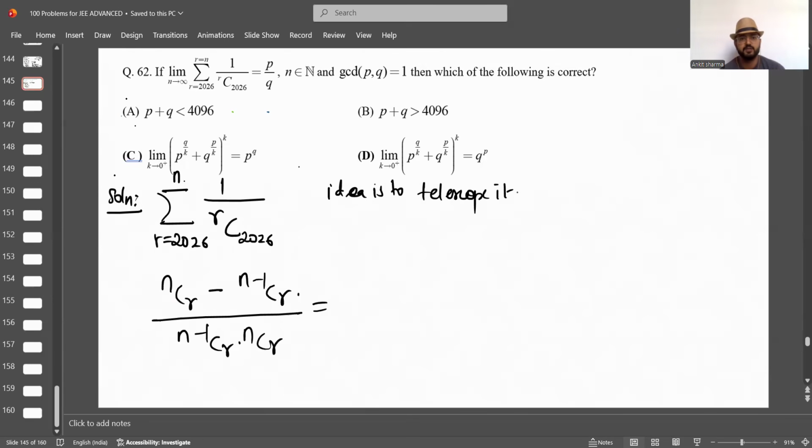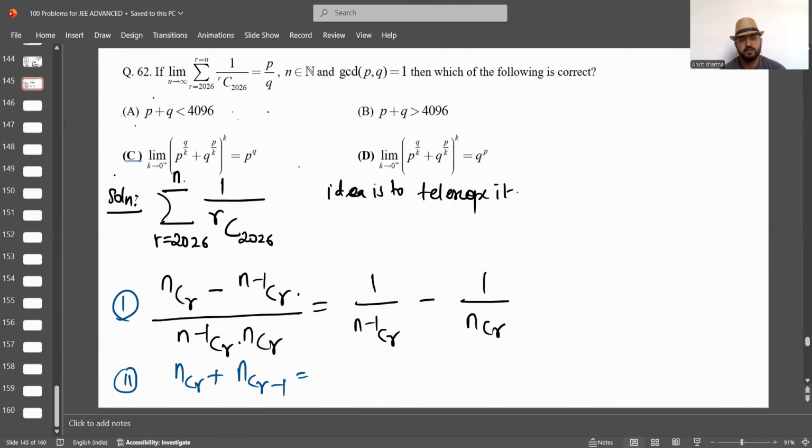This could again be written due to this note as 1 over (n−1)Cr minus 1 over nCr. Now if I apply here nCr minus (n−1)Cr, I think this works. Now step 1 is this, and we also need here nCr plus nC(r−1) is equal to (n+1)Cr. So we'll apply this one.